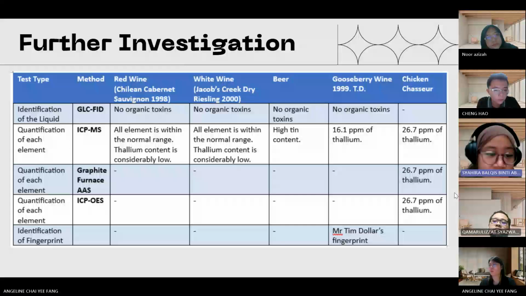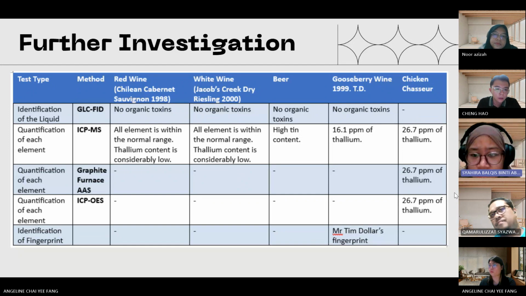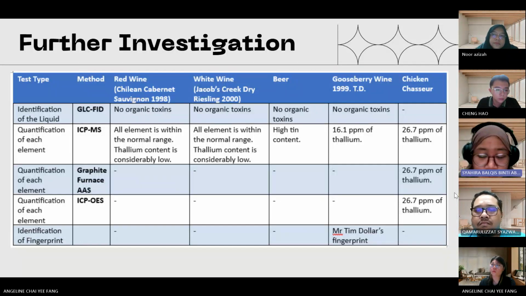ICP-MS was used to quantify elements present in each liquid. So the red and white wines contain elements within normal ranges, with thallium levels being considerably low.